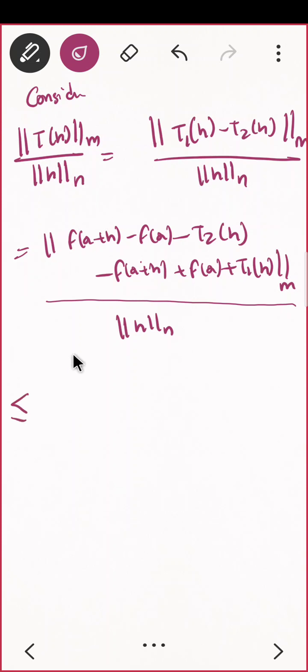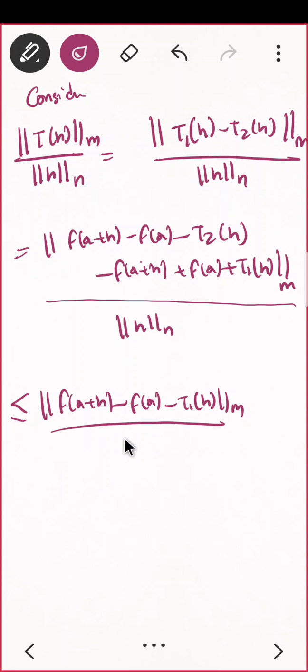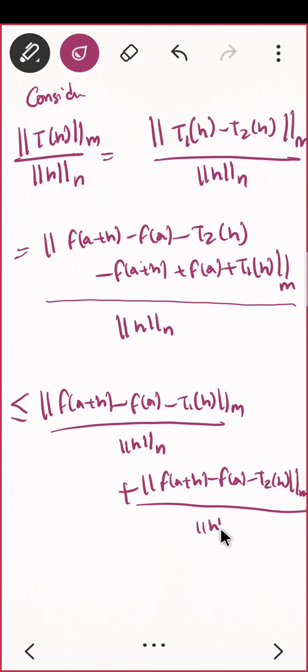This is less than or equal to this and this, that is norm of f of e plus h minus f of e minus t1 of h, m, upon norm h. I would like to use my sandwich theorem. Plus norm of f of e plus h minus f of e minus t2 of h divided by norm h. If you take the limit on both sides, what will you get?